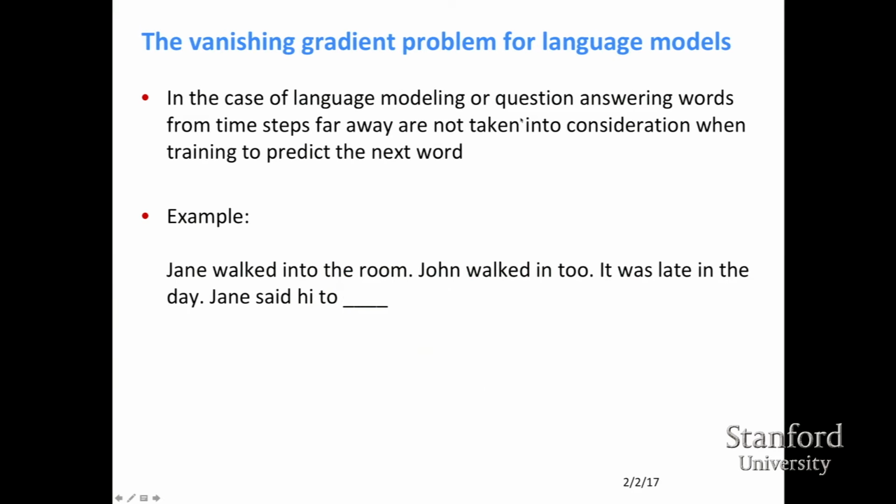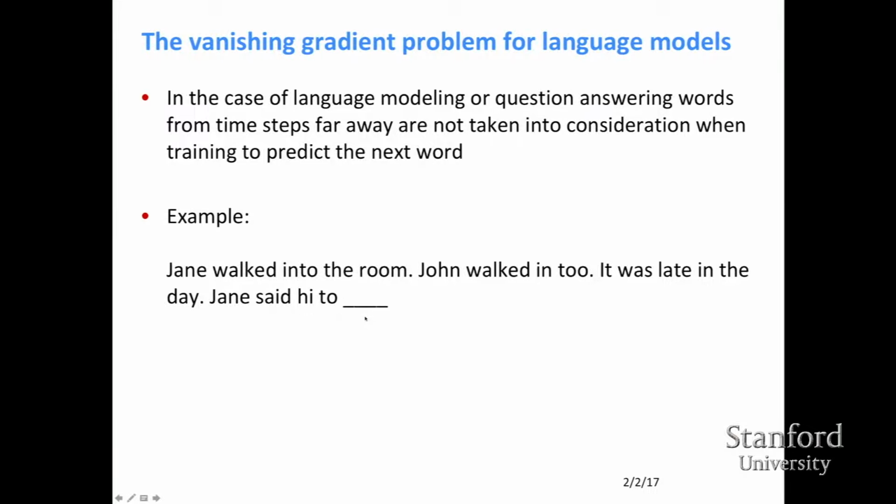Here is an example from language modeling where that is a real problem. Let's say you have: Jane walked into the room, John walked in too, it was late in the day, Jane said hi to blank. Now you can put almost a probability mass of 1 that the next word in this blank is John.